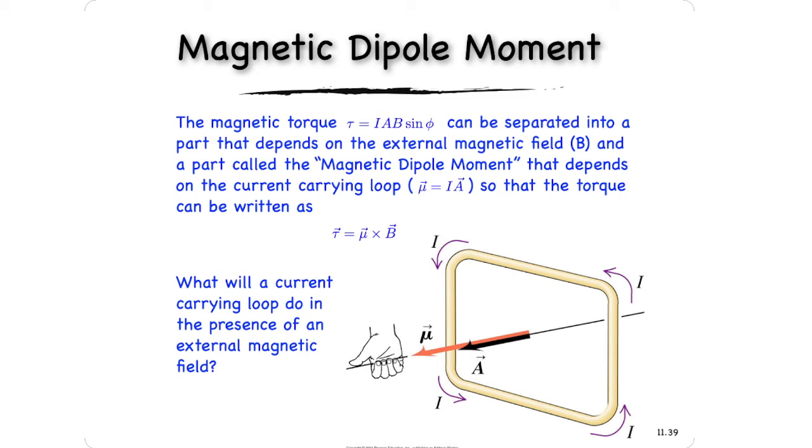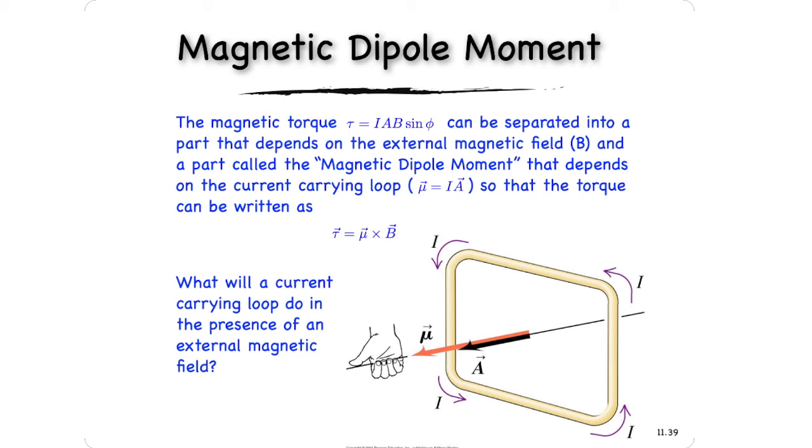So if we had this loop of current-carrying wire and we put a magnetic field on it, what do you think the loop is going to do? Is it going to move? If so, how so? First of all, is it going to fly away? No, because there's no net force on the loop. Is it going to rotate? Yes, because there is a torque.